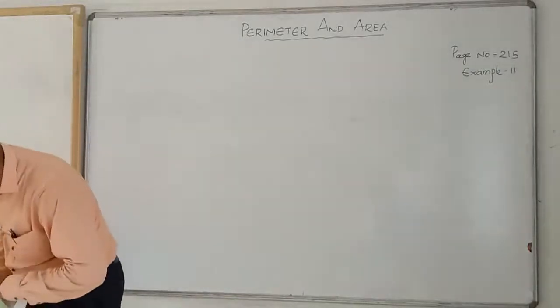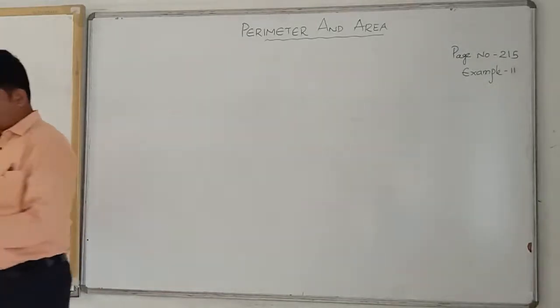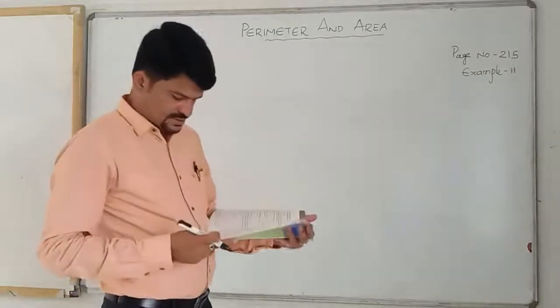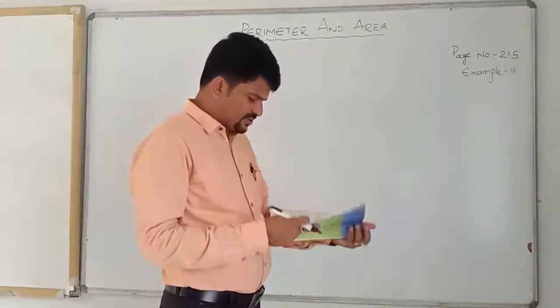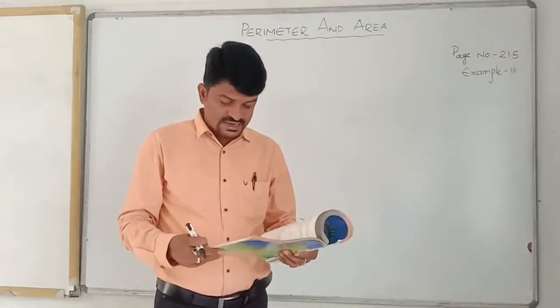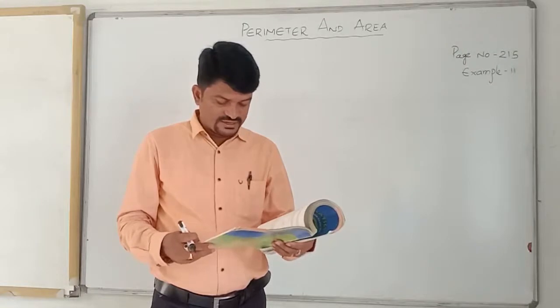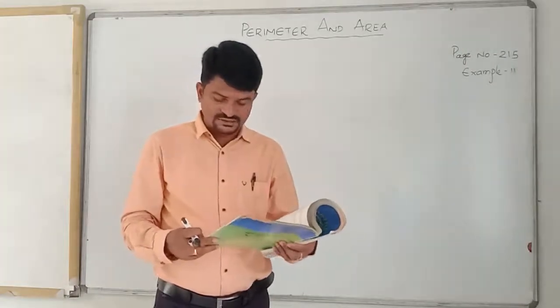See your textbook, everybody. I draw the diagram here. The triangle PQR, I'll read the question. Triangle PQR, PR is equal to 8 centimeters and QR is equal to 4 centimeters and PL is equal to 5 centimeters. Find the area of the triangle PQR and the length of the QM.